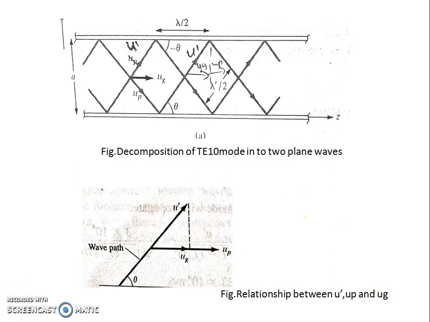A wave within a waveguide can be resolved into a combination of plane waves reflected from the waveguide walls. Here we are taking the TE10 mode. TEM means transverse electromagnetic mode, and it is again classified into two.